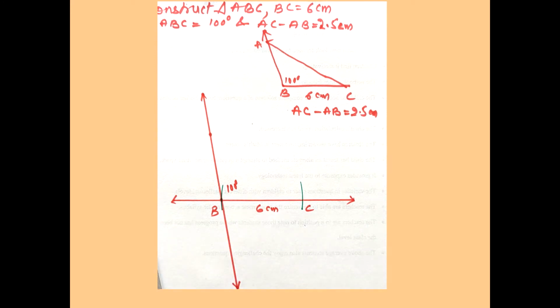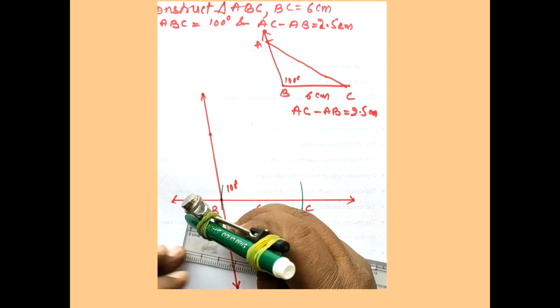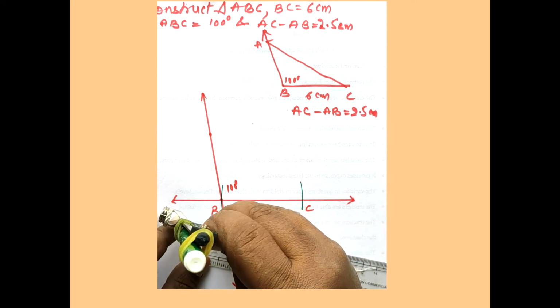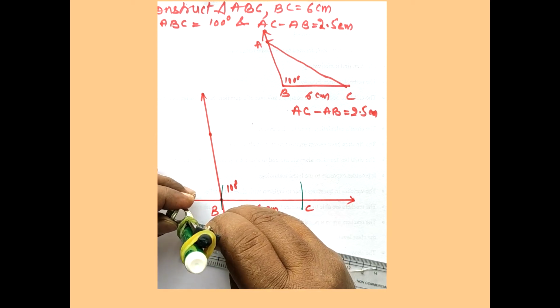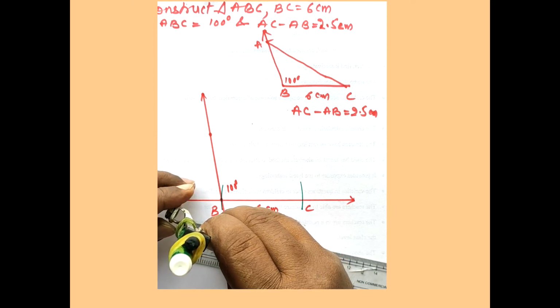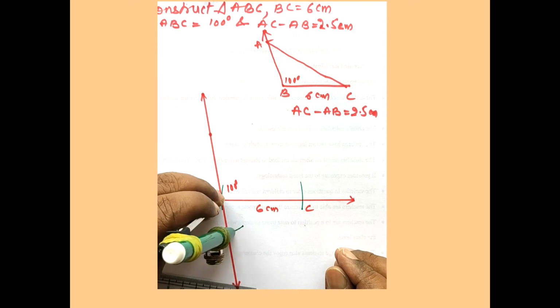Now I will again take a rounder, fix the difference which they have given, 2.5 centimeter. So 2.5 is taken as a radius, and from B I cut an arc downside.